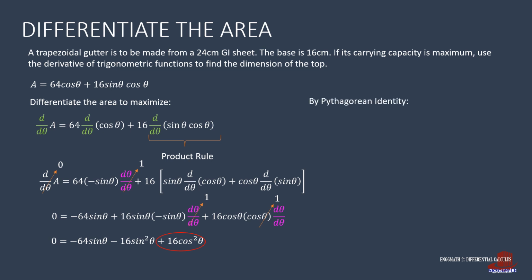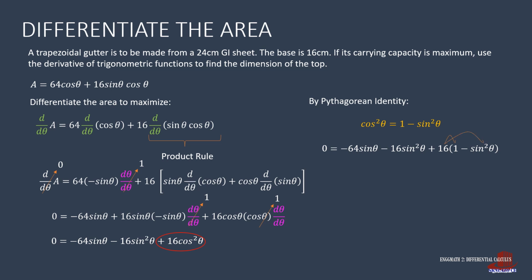The Pythagorean identity states cosine squared theta is equal to 1 less sine squared of theta. The function then becomes 0 as equal to negative 64 sine of theta minus 16 sine squared theta plus 16 times 1 minus sine squared theta.